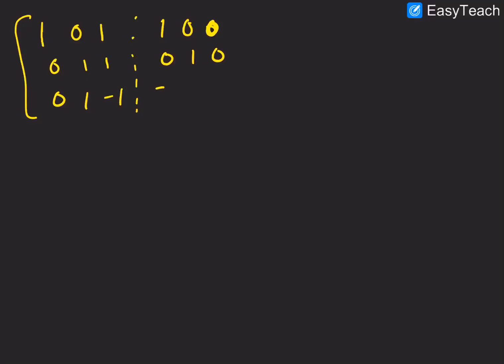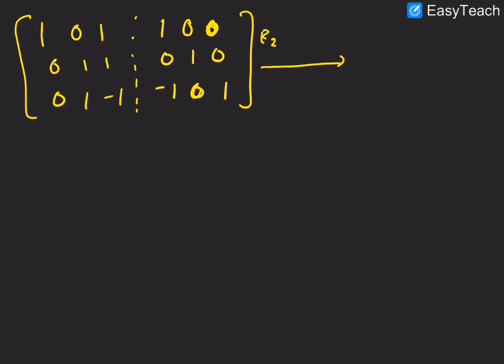So if we go ahead and perform those operations, we're going to get 1 0 1, 0 1 1, 0 1 -1, and 1 0 0, 0 1 0, -1 0 1. Okay, and we're going to do another operation.